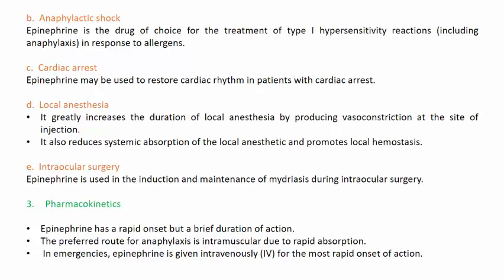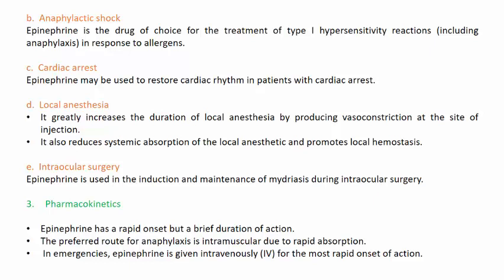In terms of pharmacokinetics, epinephrine has a rapid onset but a brief duration of action, and this happens as a result of rapid degradation. The preferred route of administration in case of anaphylaxis is intramuscular, because of rapid absorption. In emergencies, epinephrine is given intravenously for the most rapid onset of action.